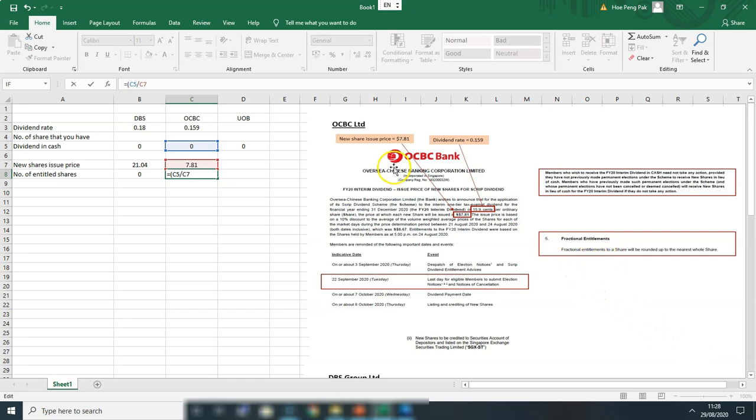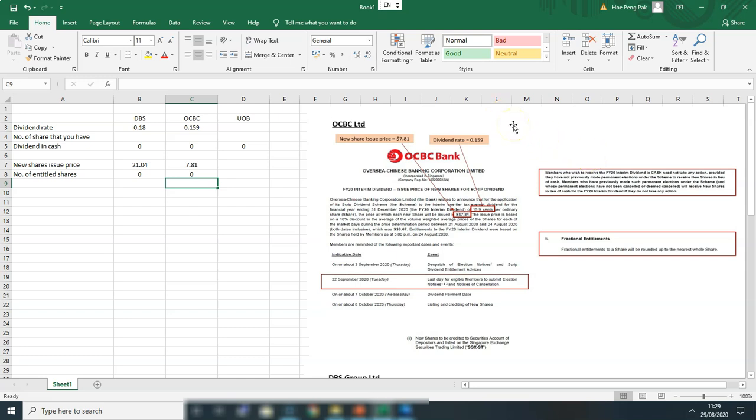And for the OCBC case, they tell us that it will be rounded up to the nearest whole number. It also means that whatever fraction you have, for example, 0.01 share, it will be rounded upwards here. So in this case, let us truncate that also. And again, of course, we need to fill in the number of shares that we have a bit later.